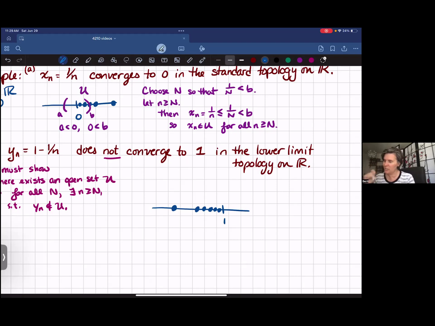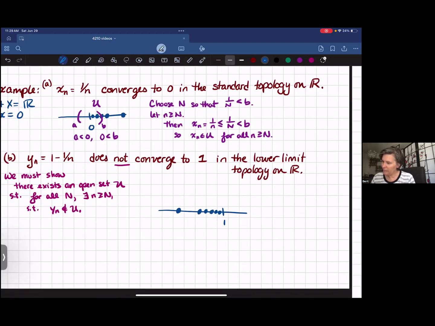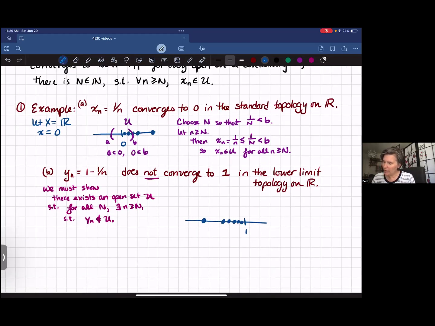And I need to find an open set containing 1, so that the y's are frequently not in there. No matter how far out you go, there are going to be some that are not in there.